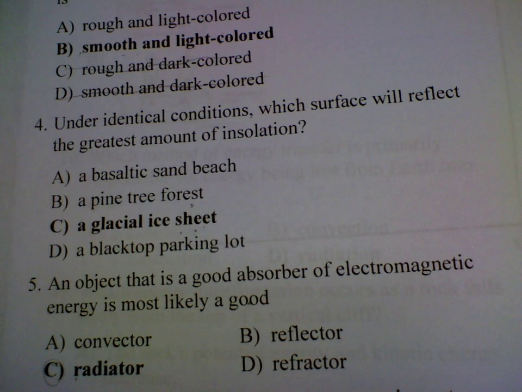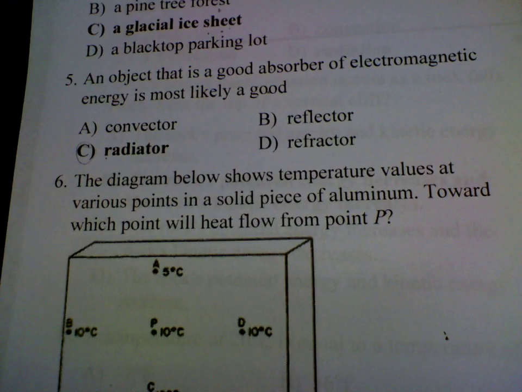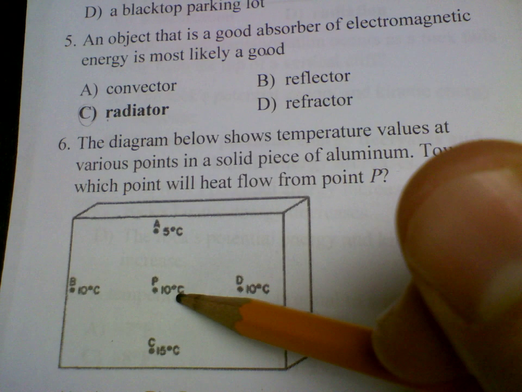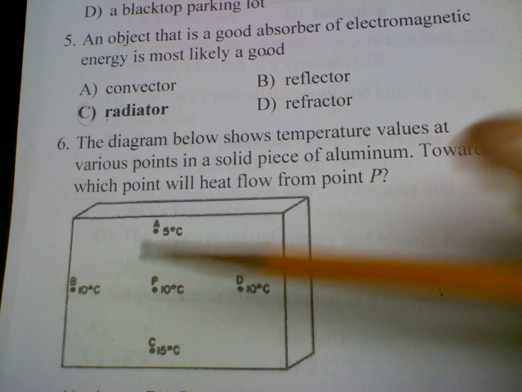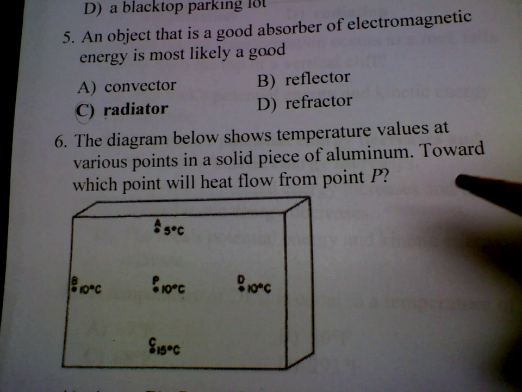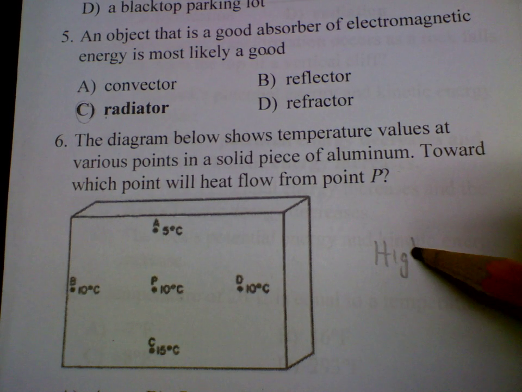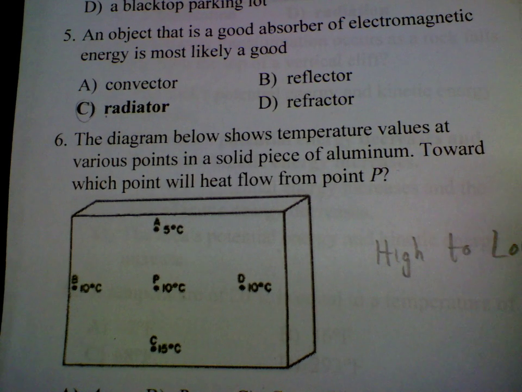Number six, the diagram below shows temperature values at various points in a solid piece of aluminum. Toward which point will heat flow from point P? So if you take a look at point P, it's 10 degrees Celsius. And remember what we said, all energy will flow from high to low.